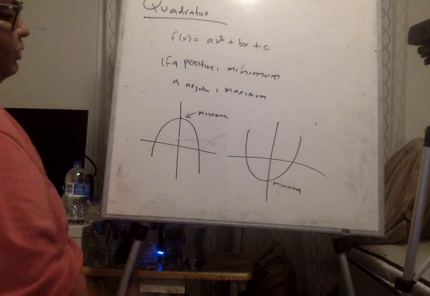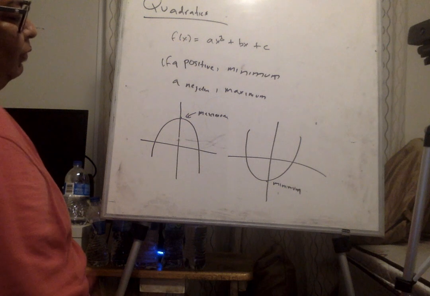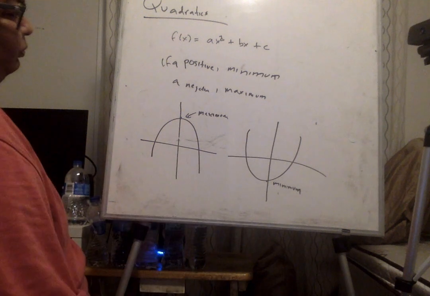So basically the vertex could be either a maximum or a minimum, when the graph opens up or down.